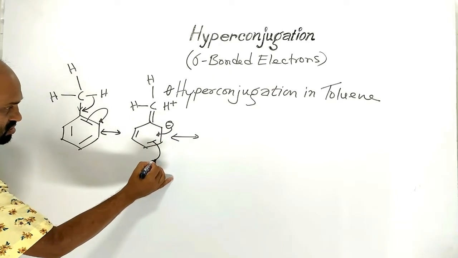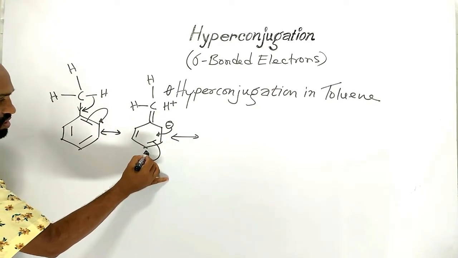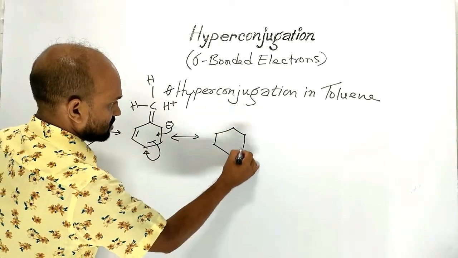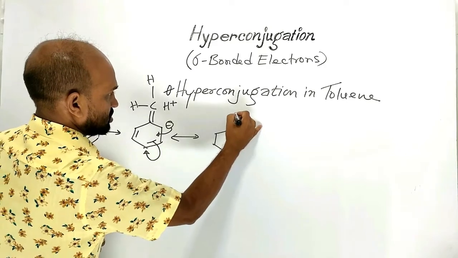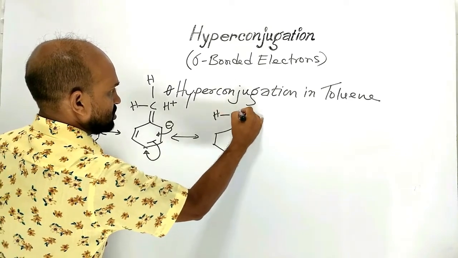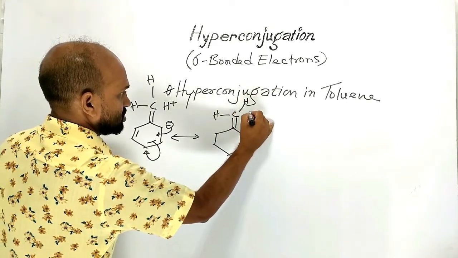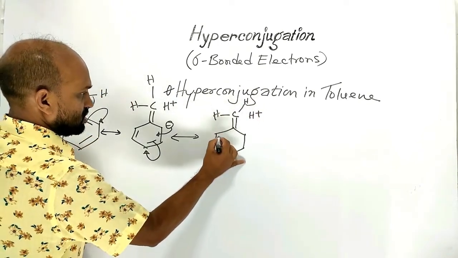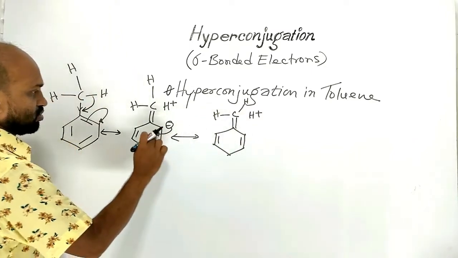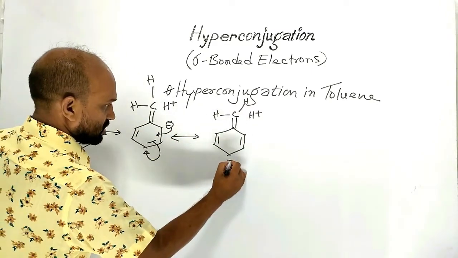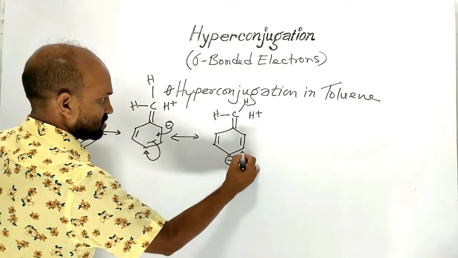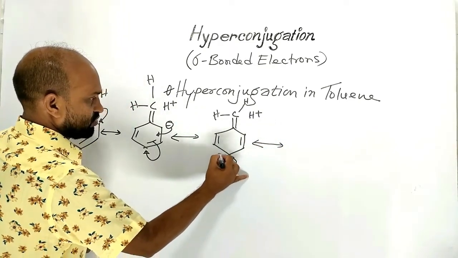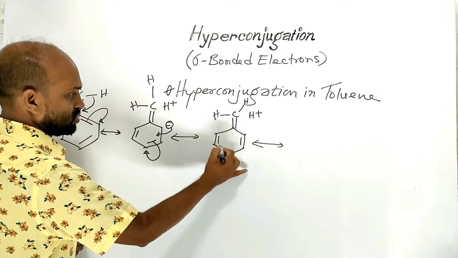This pi bond turns into an electron pair, and we get this one: carbon, hydrogen, here hydrogen, hydrogen with no bond, here double bond, here double bond, this double bond, and here electron pair. Again these electron pairs form a covalent bond.